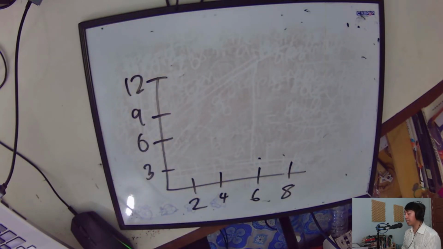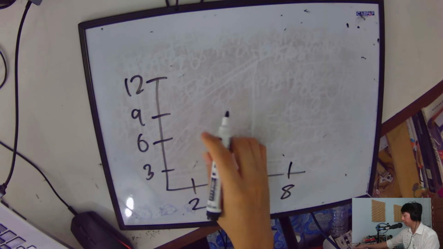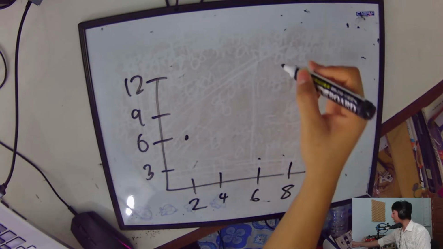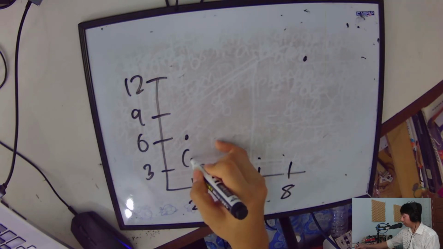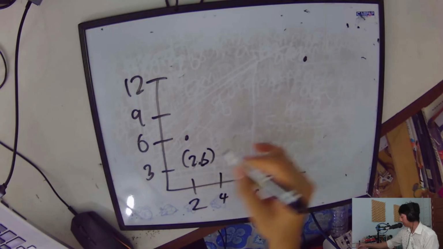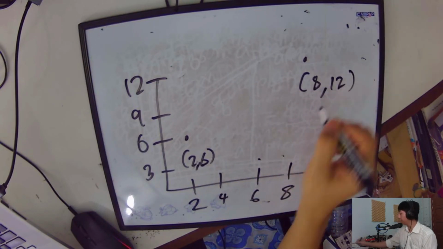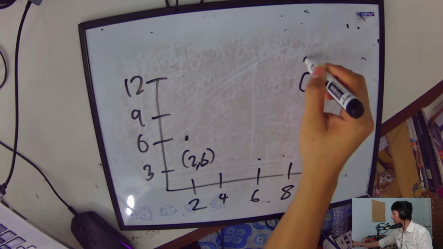Dan kamu hanya ada data untuk titik ini, and titik ini. So you only have 2, 6, and here you have 8, 12.